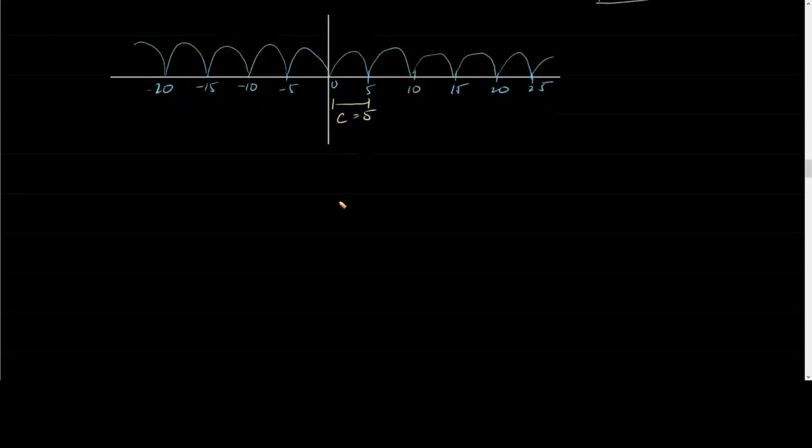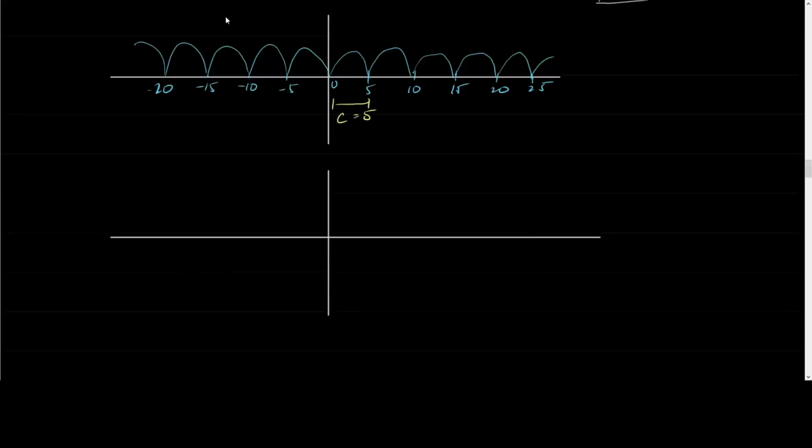And I mean, we can have a whole bunch of different examples, right? Like if I have a function like this, where let's say it was a step function, or that looked like this.